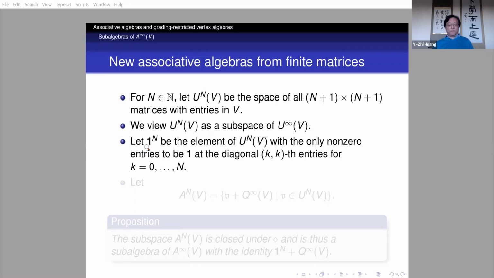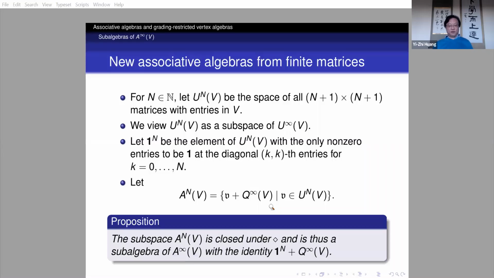Then 1_n is the element of these finite matrices with diagonal entries equal to 1 and all others 0. Then we let A^n(V) be just the corresponding subspace in A infinity V.